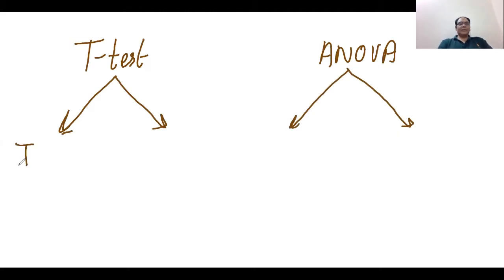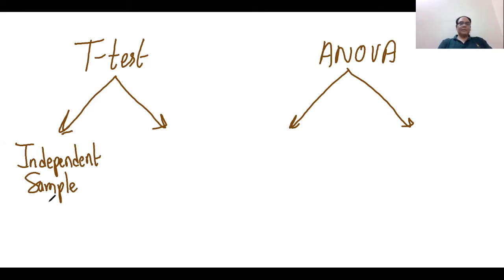Number one, independent samples. Suppose we want to compare male and female and we want to compare some other independent samples, right? So in case of independent samples, we go for independent sample t-test.